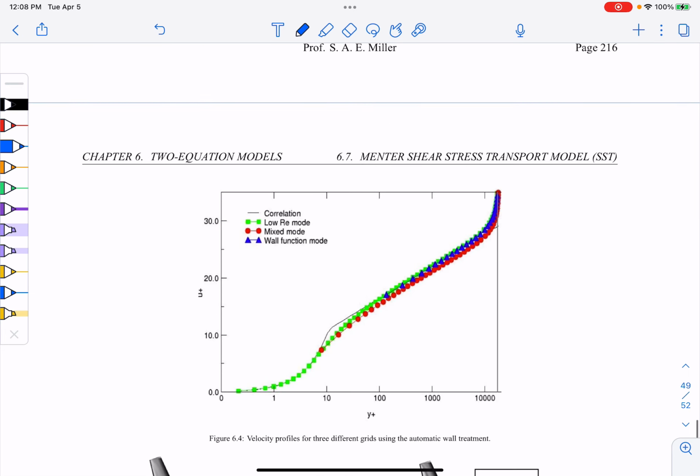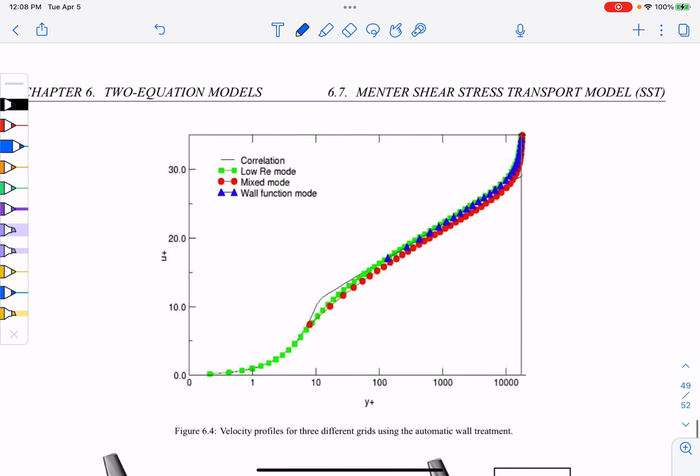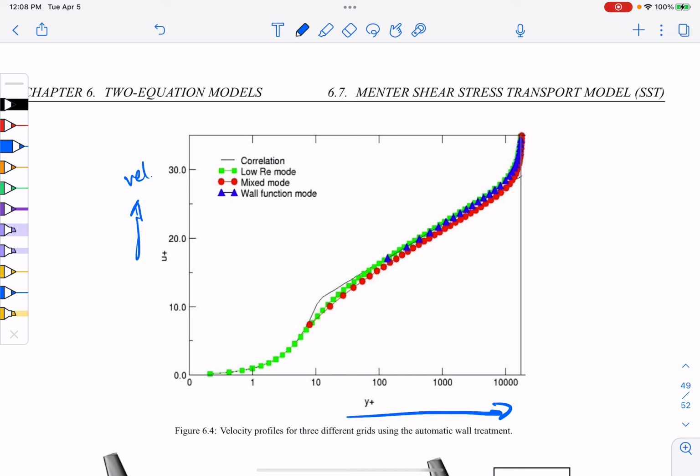And then here's the figure. So 3 velocity profiles. So you see a typical log layer, right? So this is wall distance, y plus, just like your projects. This is the velocity normalized in inner coordinates. This is the log region. I've seen this many times this semester, but it's good to emphasize the viscous region.